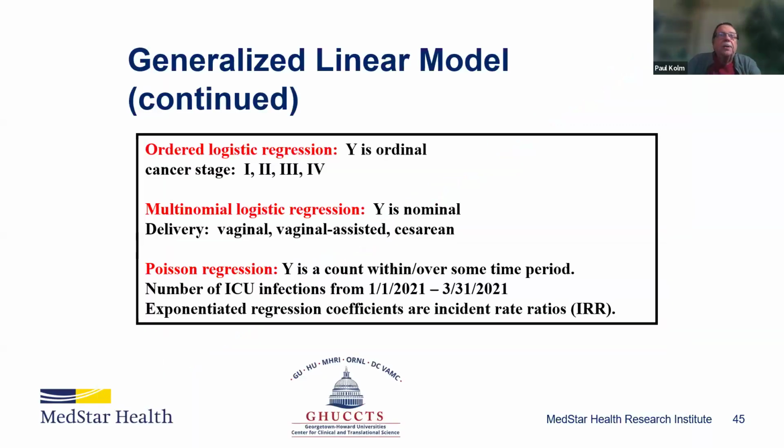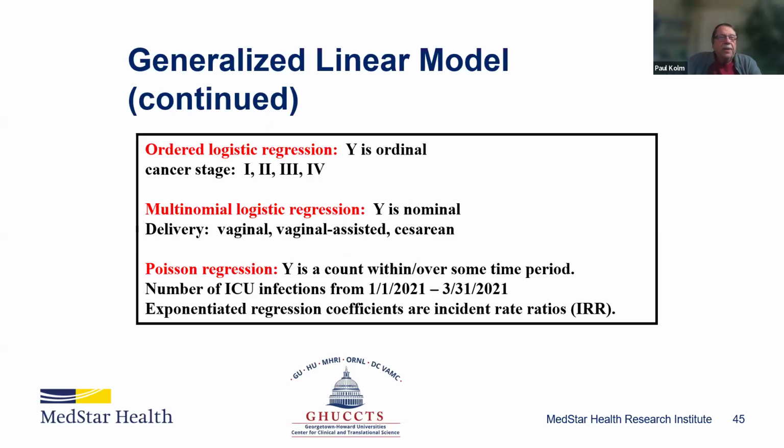Just to point out that the generalized model includes other analyses that we're not going to take time to go over. We can do logistic regression with ordered outcomes like cancer stage, for example. We can do logistic regression with more than 2 outcomes where the outcome is nominal, that is, there's no particular order.